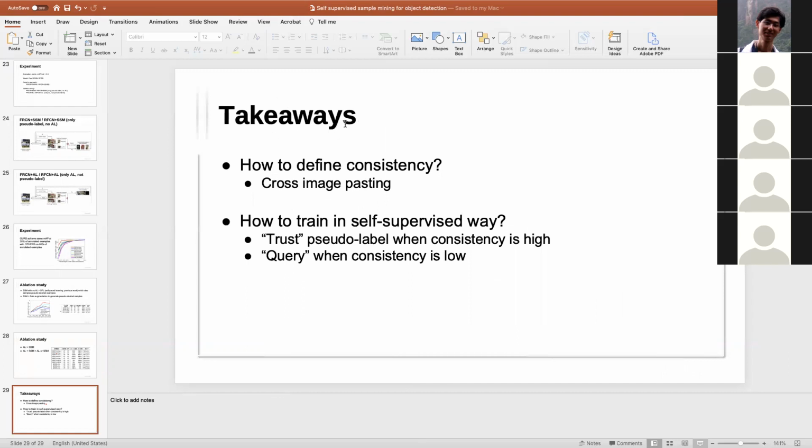So the takeaway from this paper is they use cross-image pasting to evaluate the consistency. And they divide the model training into two branches. The first branch is we trust the pseudo label from the model when consistency is high. Otherwise, we query the label when consistency is low.